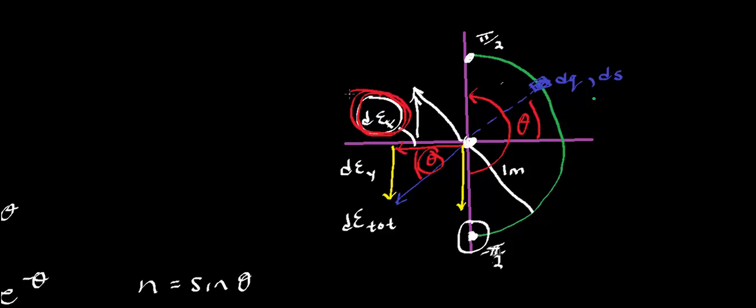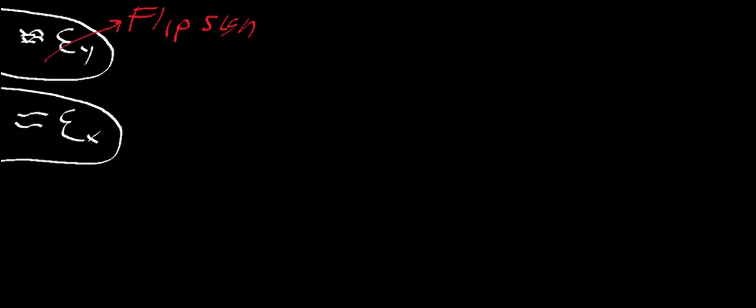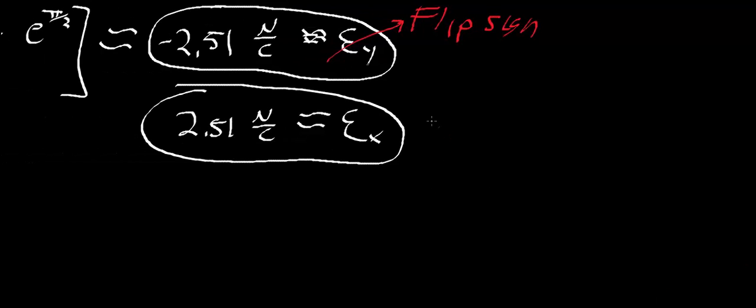We defined it as going in the negative direction. So the differential x component of the electric field is in the negative x direction. So because we got a positive value, once again, we have to flip the sign of it. So not only do we have to flip the sign for the y one, but we also have to flip the sign for the x one as well.